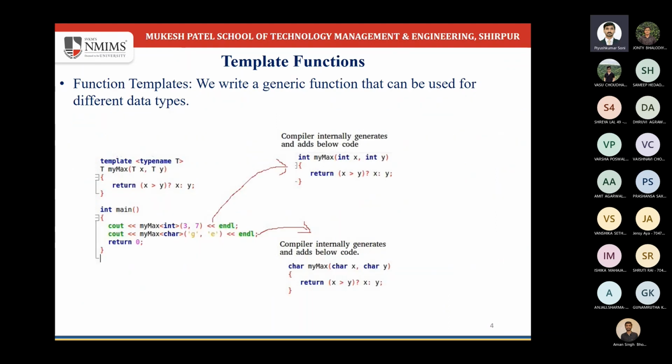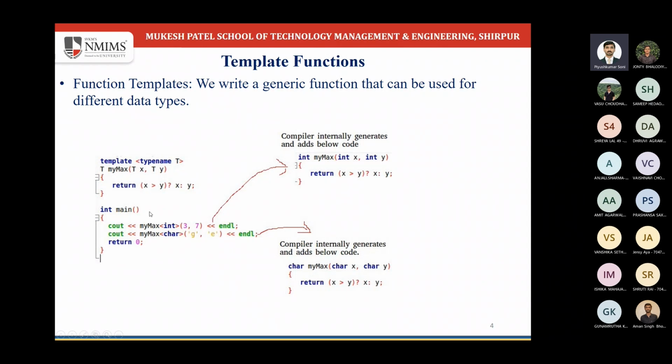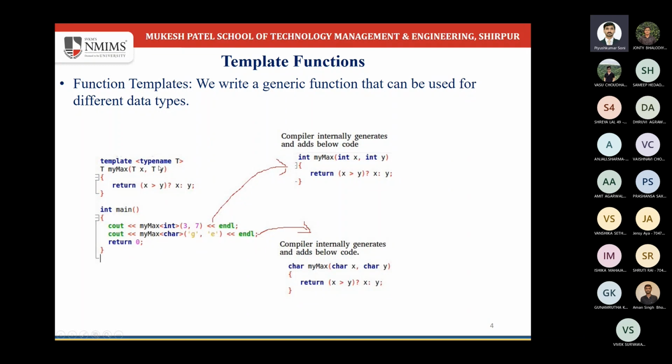So just look at this example. This is an example of a function template. On the left hand side, we have defined a template function just to return the larger of two values. We have generalized the data type as T here. Inside the main function, we are calling this template function, and here you can pay attention, we are supplying the data type.